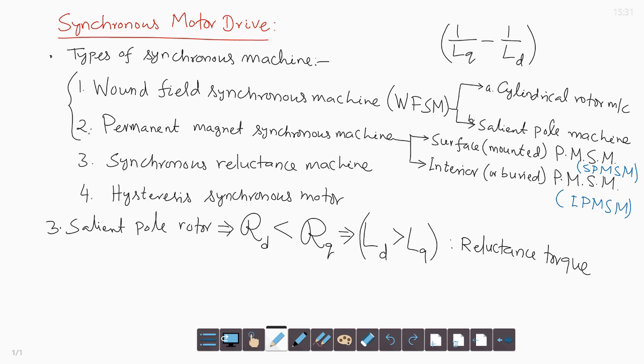When the rotor speed becomes the synchronous speed, there will be no relative speed between the stator MMF and rotor MMF; that relative speed is 0. So, that induced EMF will be 0 at synchronous speed. But when the rotor speed is less than the synchronous speed, there will be EMF induced in the stator winding due to the rotating rotor MMF at a speed different from the synchronous speed, and that induced EMF circulates a current in the stator winding, and that induced stator current interacts with the rotor poles, rotor magnets, and produces a torque.